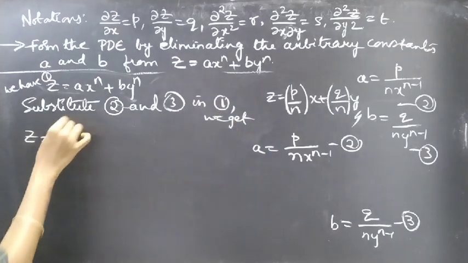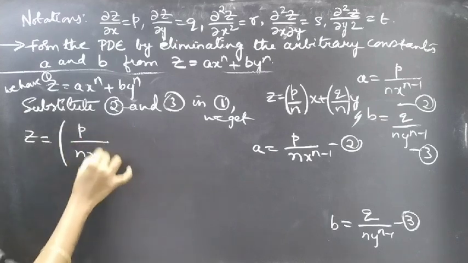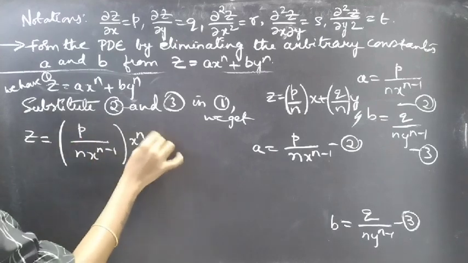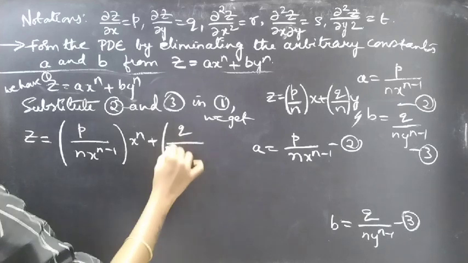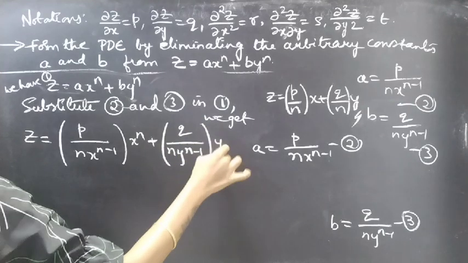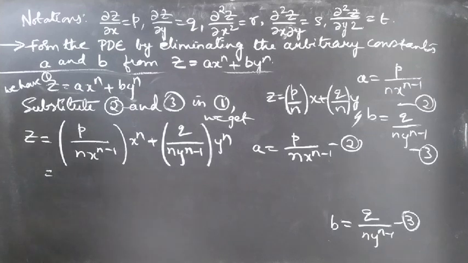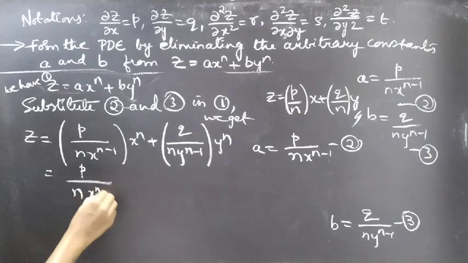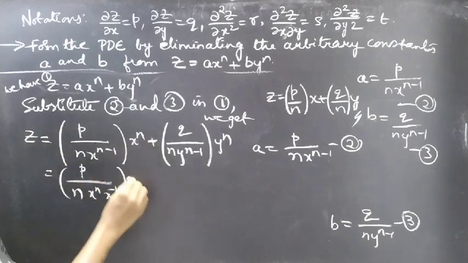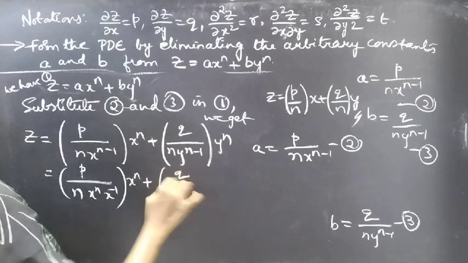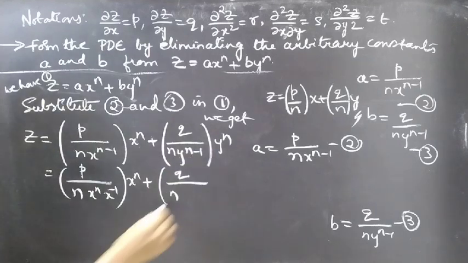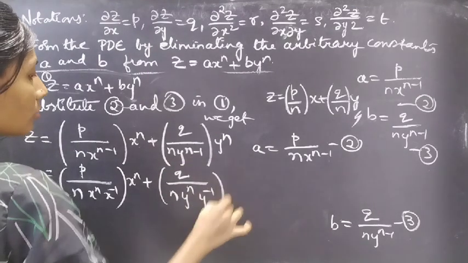We get z equal to, replace a by p by n into x power n minus 1, into x power n, plus q by n into y power n minus 1 into y power n, right? See, we can write x power n minus 1 as x power n into x power minus 1, so that we can cancel x power n. Let's write x power n minus 1 as x power n into x power minus 1, into x power n, plus q by n into, write y power n minus 1 as y power n into y inverse.